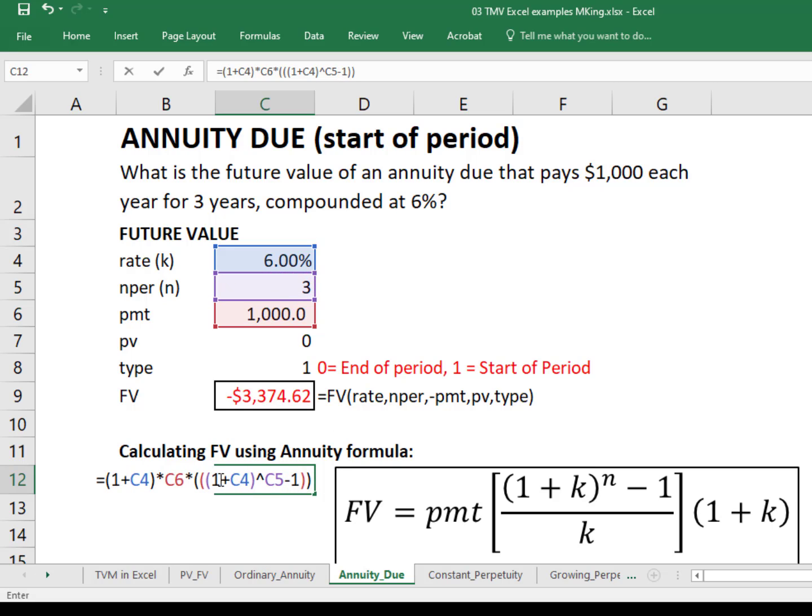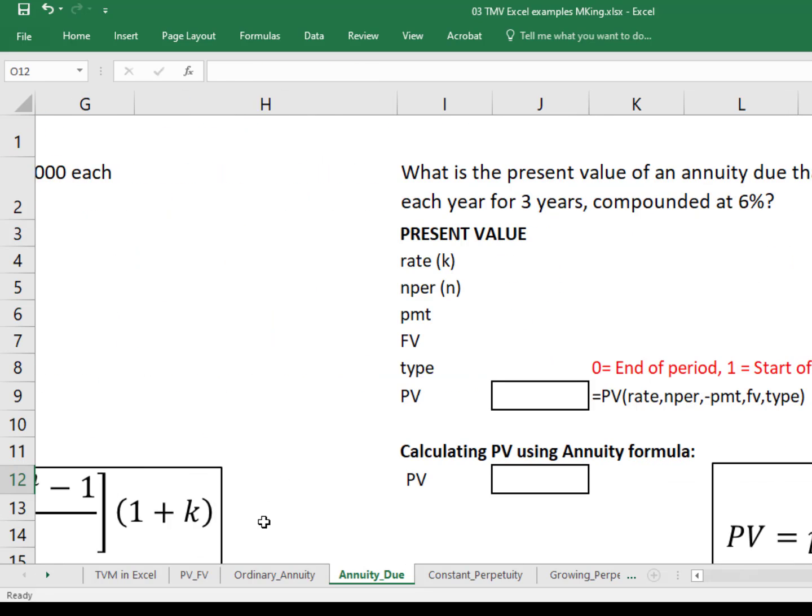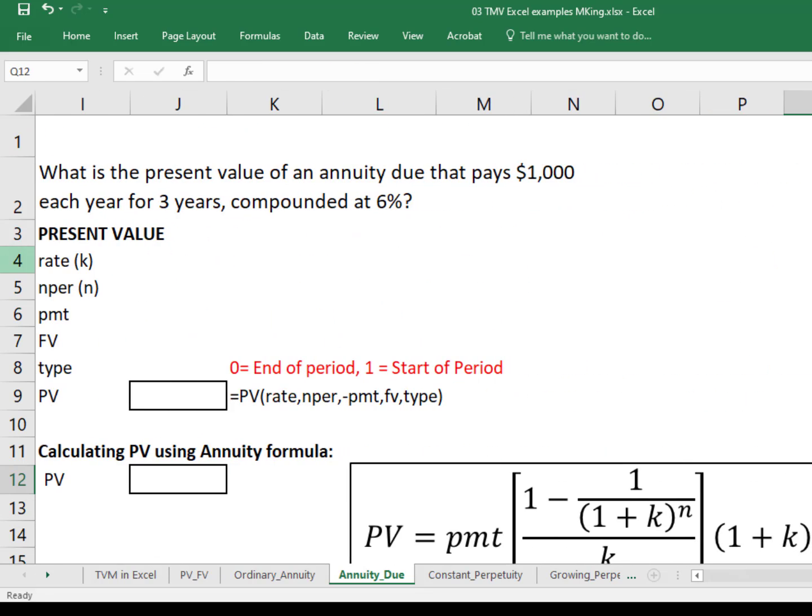Notice that I have this inside these red brackets, which is representing the numerator, and now I just need to go outside those brackets and divide this by the rate of interest, k. Okay, let's see. Have we got it? Yes, we do. You can see that because we got the brackets correct, we were able to get the correct future value.